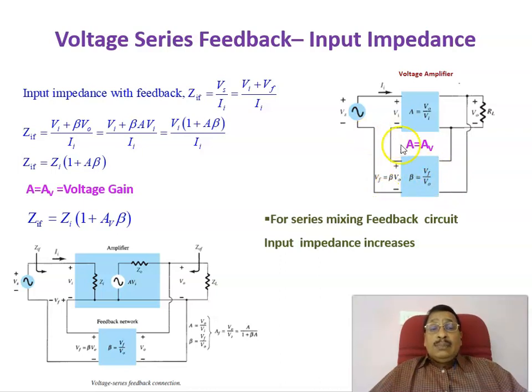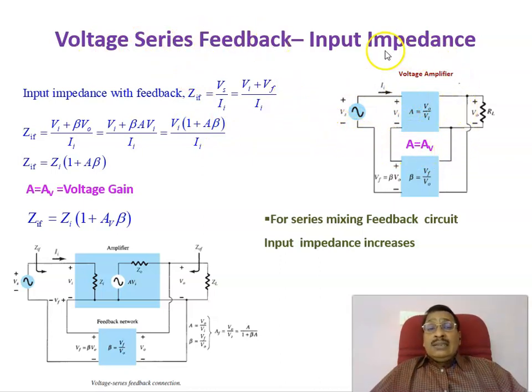This voltage beta times V0 is fed back and subtracted from the input Vs, and Vs minus this is equal to Vi. Therefore, this is the negative feedback circuit in which sampling is voltage and mixing is series. It is called the voltage series feedback circuit.